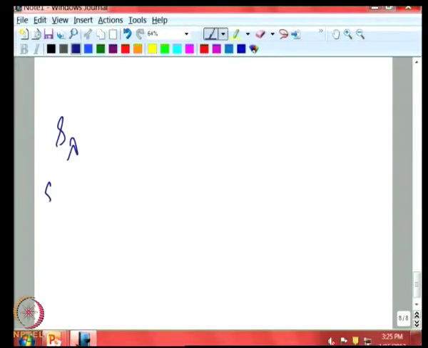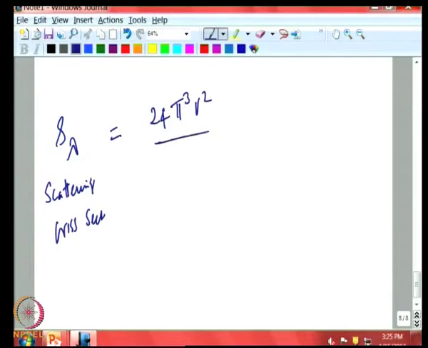Now, the expression for Mie scattering was laid down, the expression for the scattering cross section, let us call it S lambda. For the Rayleigh scattering, the expression can be written in terms of the volume of the particle. This is especially useful when the particle is not really circular.